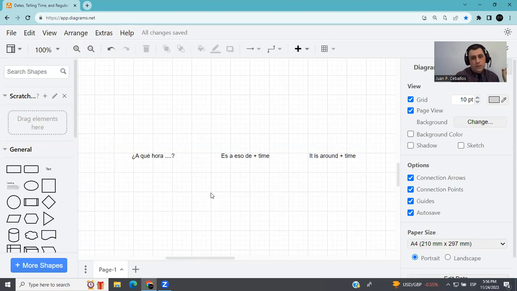So if I say, for example, at what time the concert starts, and you are not completely sure, you can say, I think it starts around 1 p.m. So I'm going to give you an example here.